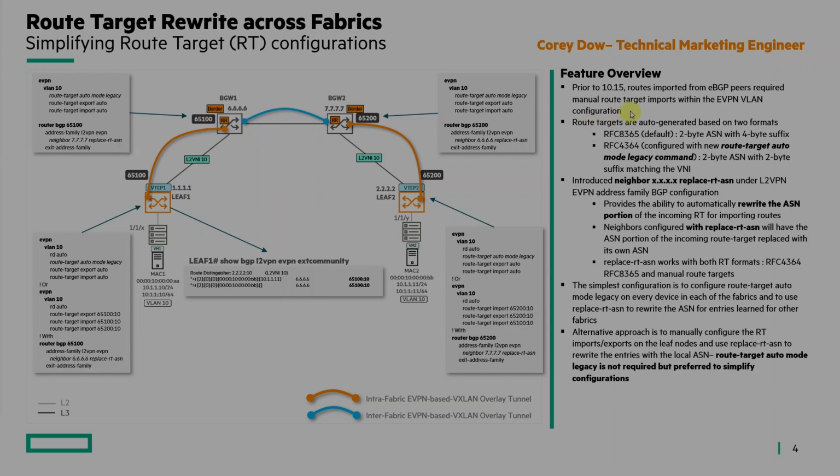Prior to 10.15, the routes imported from the peers required manual route target imports within the EVPN VLAN configuration, as you see listed here. This is what will go away when we use the Auto Mode Legacy and replace RTASN features to simplify the configuration required for the RT imports.